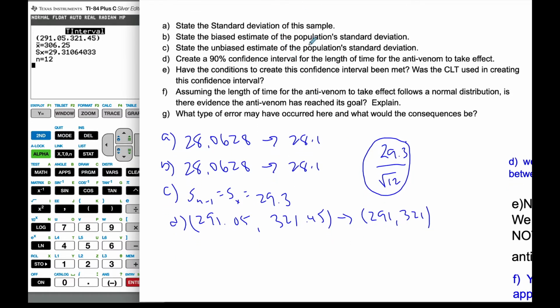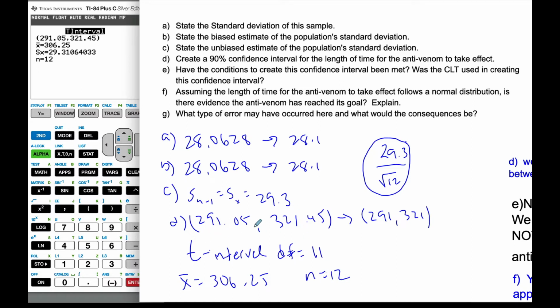Now in doing this, I should make sure I name the test. It is a t interval with the degrees of freedom being 12 minus 1 is 11. I should give the numbers where x bar is equal to 306.25. I've already written the standard deviation, and n is equal to 12.